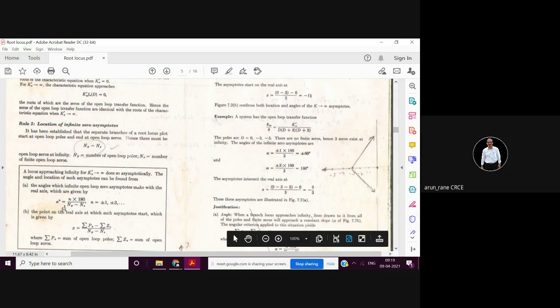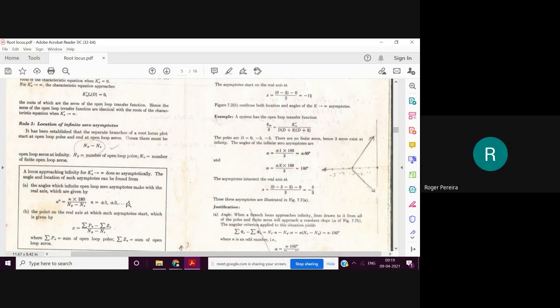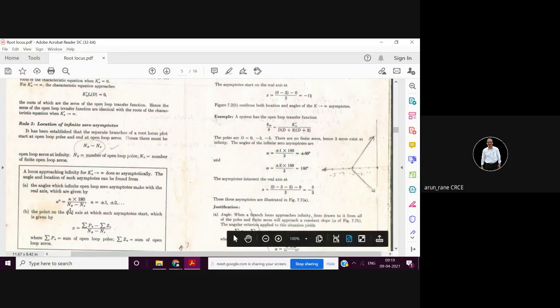So the angle formula is n into 180 divided by np minus ns, where n is odd, positive or negative integers. Np means number of poles, and ns is the number of finite open loop zeros.